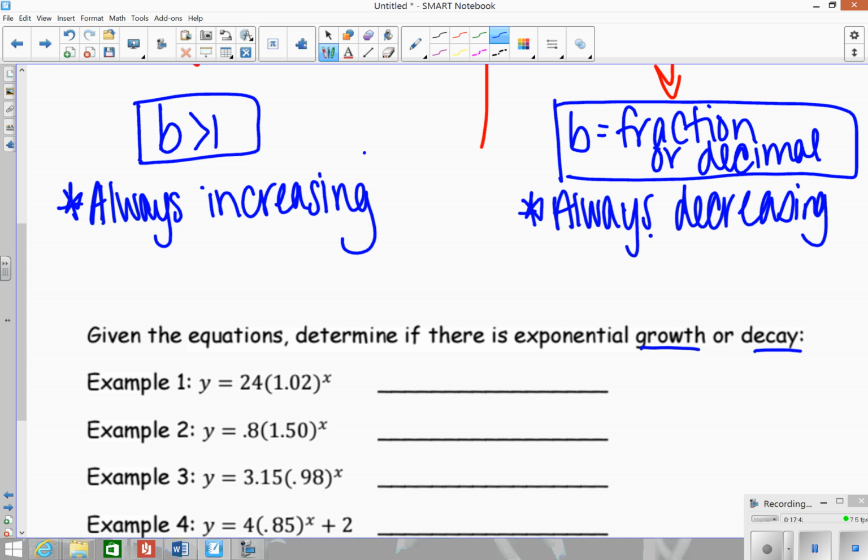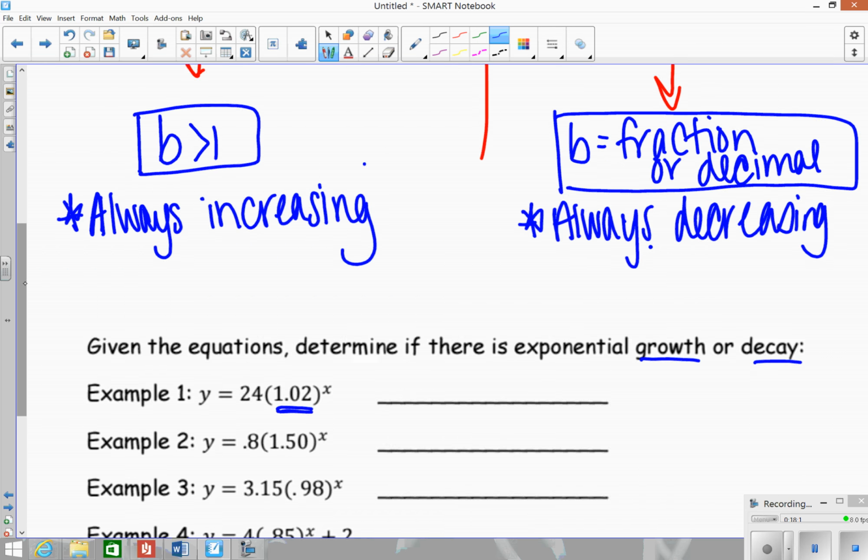If b is greater than 1, it's going to be growth, and if b is a fraction or a decimal, it's going to be decay. Remember, the b value is always the value that's being raised to the exponent, so it's always next to that exponent. In this case, it's 1.02 raised to the x. Well, yes, this is a decimal because it's 1.02, but it's greater than 1.